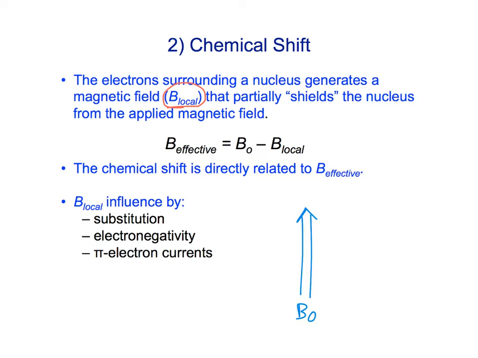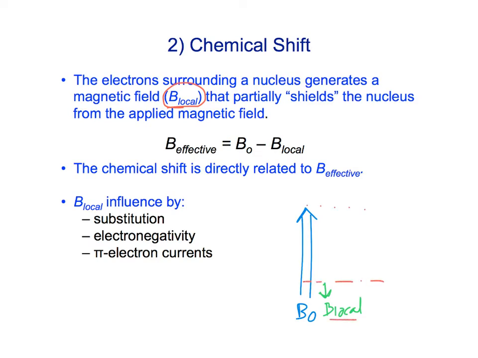And so let's just say, for example, we have this, and it's aligned in the opposite direction. So this is B local. Okay, so the magnetic field that is felt or experienced by the nucleus is the difference between these two.